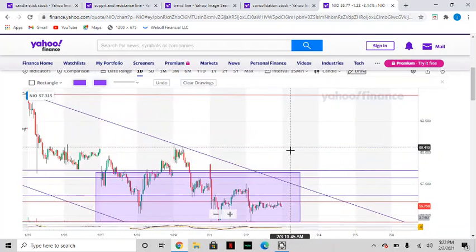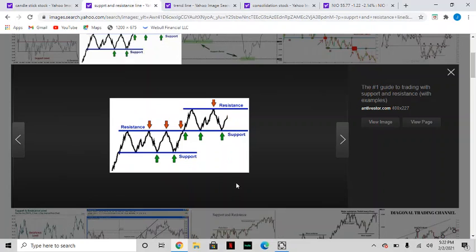Okay, so pull up this picture here. See a pattern here on the stock. Stock goes up, it got to this point, it came down, got to this point, and it kind of just did the same thing. So up here is where, when it gets to resistance lines, it's being rejected and people are selling.